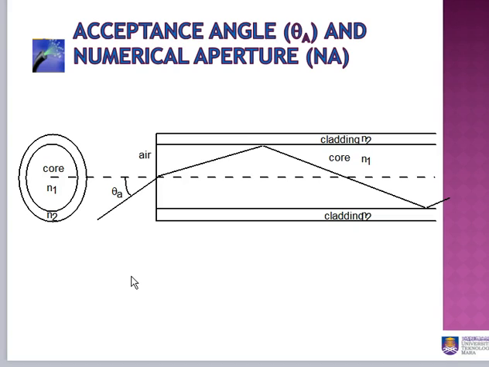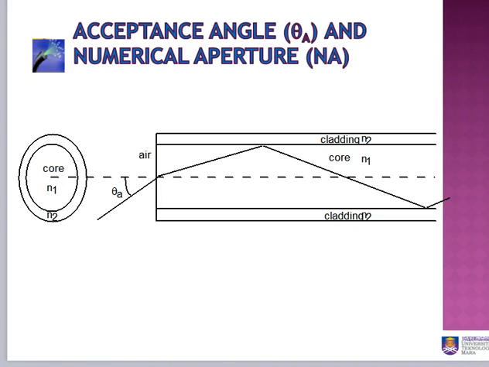The numerical aperture is related to the acceptance angle, which indicates the size of the cone of light that can be accepted by the fiber. Then we'll experience total internal reflection.